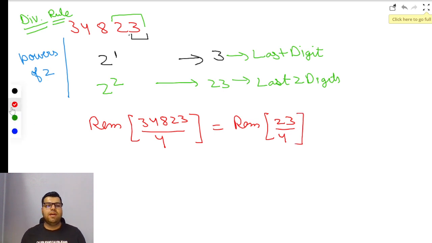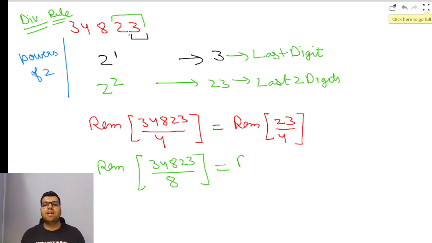Now, if I ask you the next step, the remainder of 34823 with the third power of 2, which is 8, 2 cube. So here you will take the last three digits. So the remainder of 34823 with 8 is the same as the remainder of its last three digits with 8.